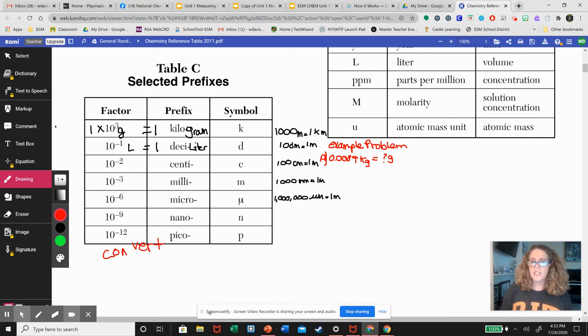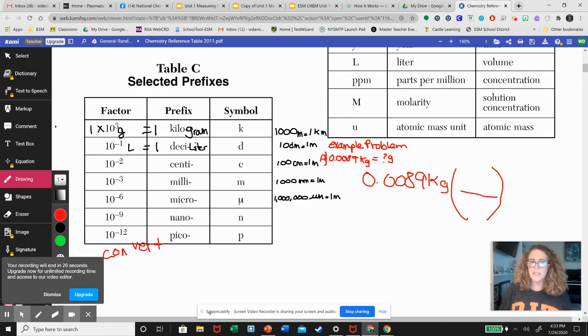So the first thing I'm going to do when I do dimensional analysis is write down the number, 0.0089, and I want to make sure that I use the units, kilogram. And now I want to do a conversion factor, which is an equality, a ratio, right? So something is to something else.